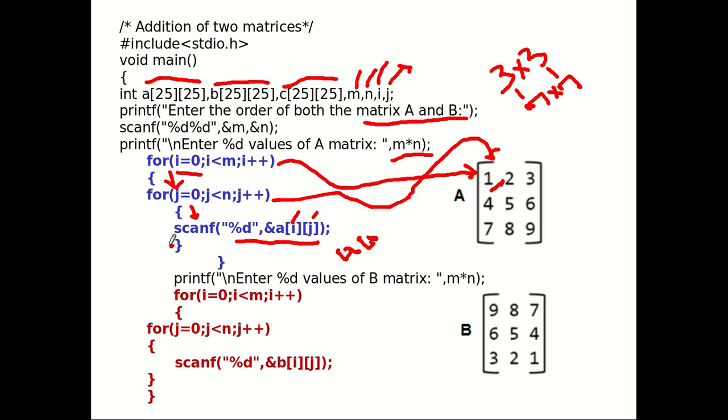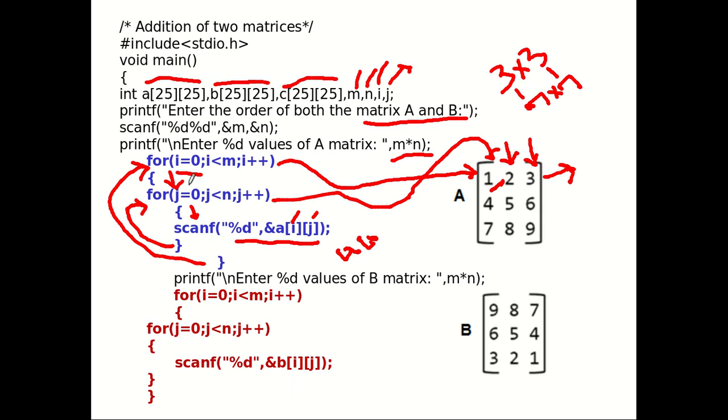Again what will happen, this particular for loop will be executed. So this for loop will store the 0th row, first column, 0th row, second column, and once the first row is stored with all the elements, it will again jump back to what here, second row, with the help of this particular for loop.